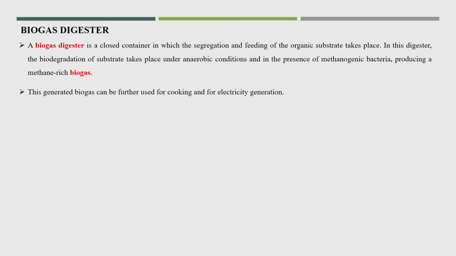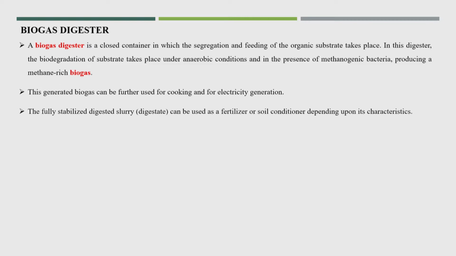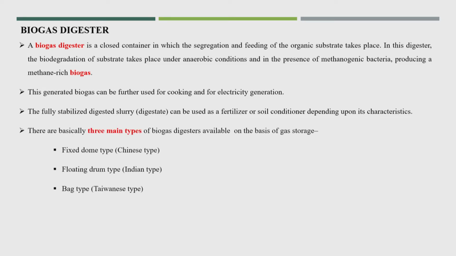The generated biogas can be used for cooking and electricity generation, which is obviously the benefit of biogas production. The fully stabilized digested slurry, or digestate, can be used as a fertilizer or soil conditioner depending upon its characteristics. That is also a benefit, the by-product we get from the biogas reactors.